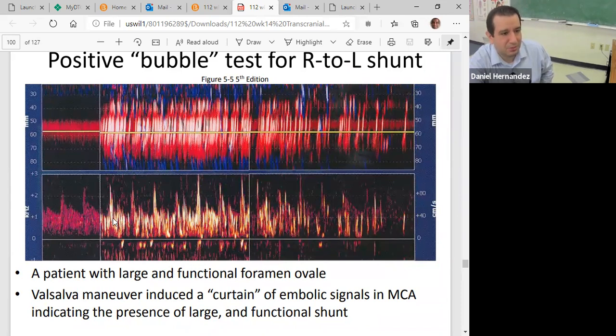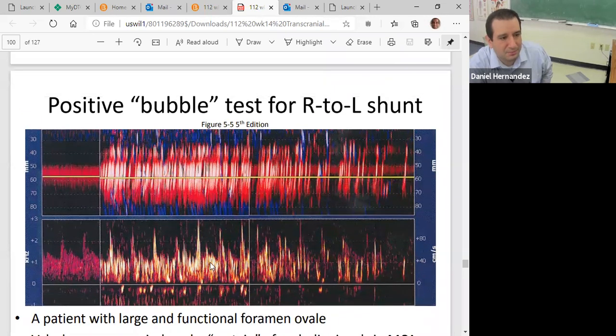Again, this shows multiple hits. This is a patient with a large patent foramen ovale. The Valsalva-induced curtain of embolic signal in the MCA indicates the presence of a large functional shunt.